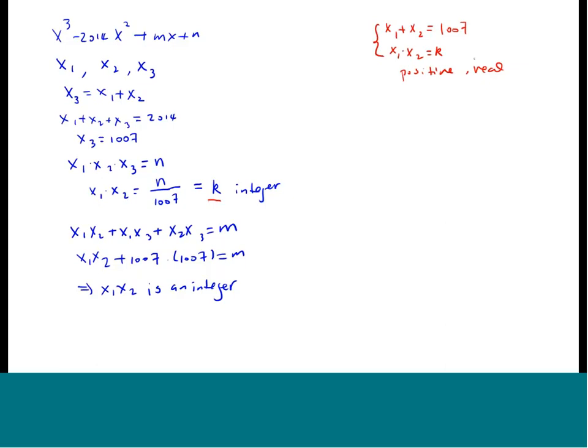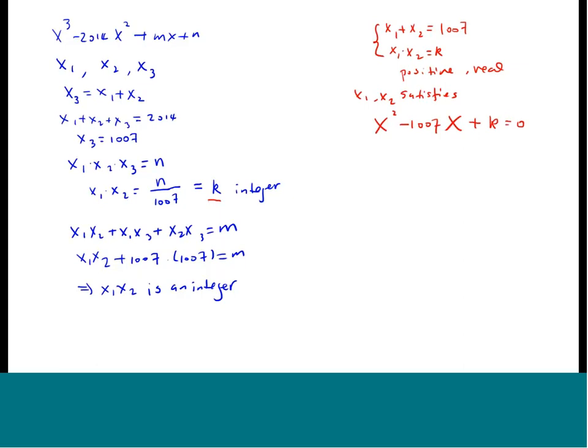Oh, is that right? Right. So x1, x2 satisfy the equation big X squared minus 1007 times big X plus k equals 0, right? Okay.